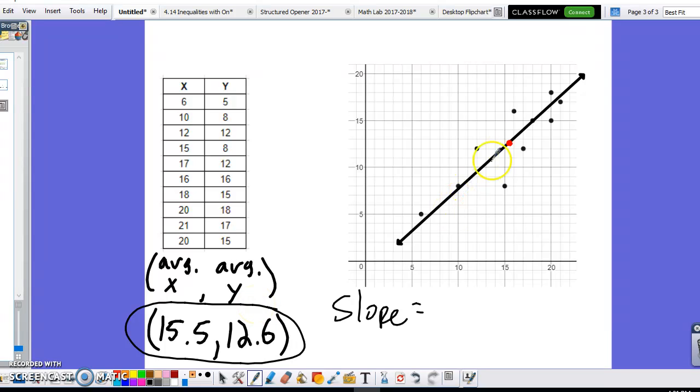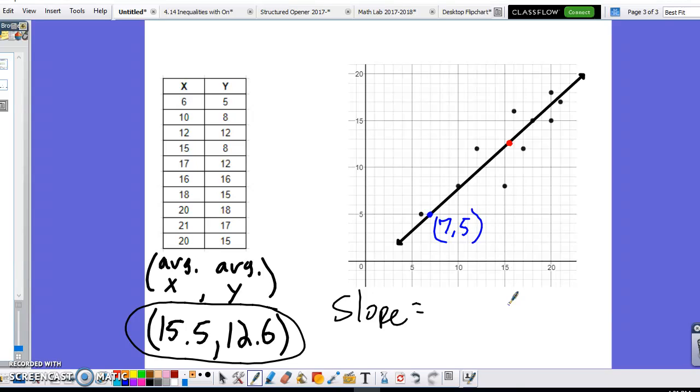And then I need to look at the line and find another point that's somewhere on the line. Oh, this point right here looks pretty close. This one's close but not exact. And I also noticed that it looks like the line goes through this spot on the coordinate grid. So I'll use that point, and that appears to be x 7, y 5.